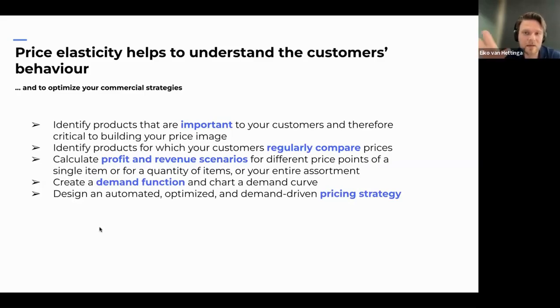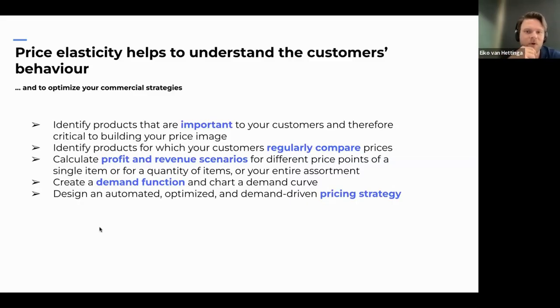So it makes sense to usually be cheaper here, but we will talk about that later as well. Also, these items are usually items where they regularly compare prices. Actually, I think there are not that many products where people know the prices by the back of their head, but there's still a couple, and you need to understand which products these are so you can set the right prices here, which has an impact on your price image.